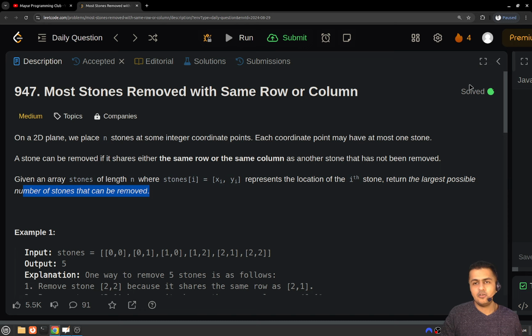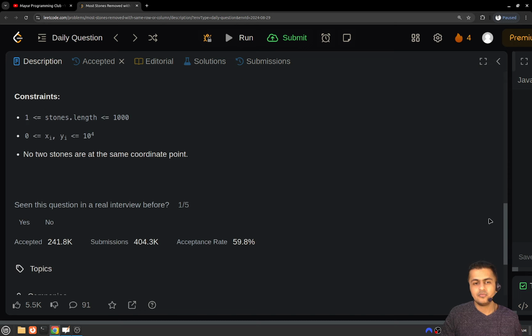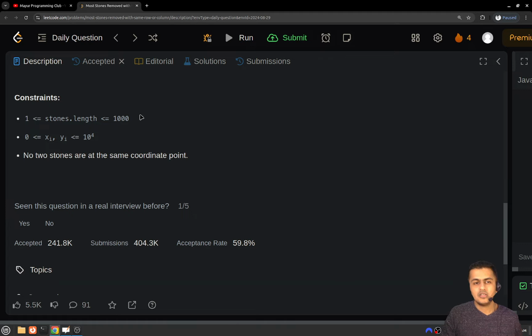So before thinking of an approach, let's have a quick look at the constraints also. According to the constraints, the length of this stones array will be of order 1000, and each coordinate will range from 0 to 10 raised to power 4, both inclusive.